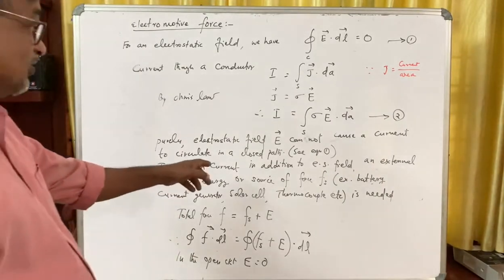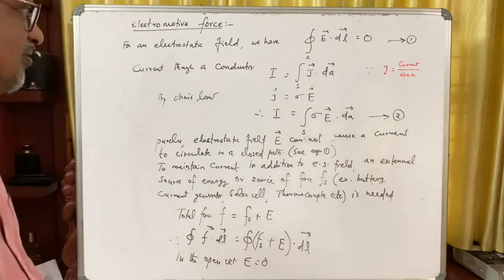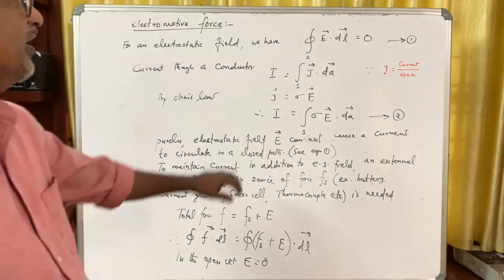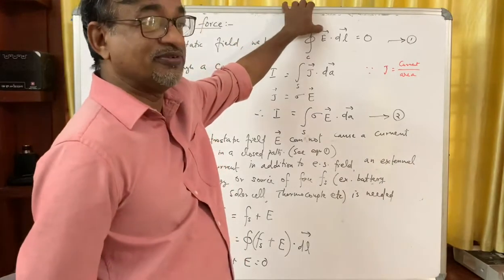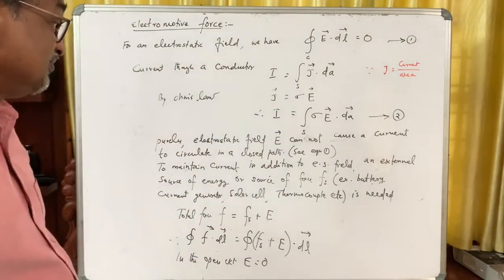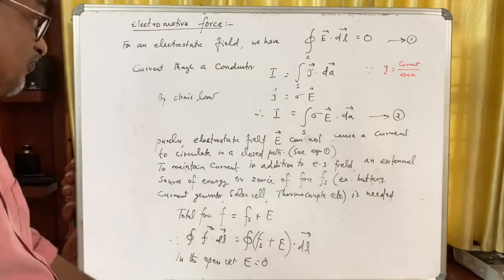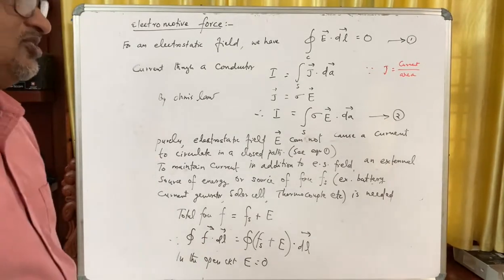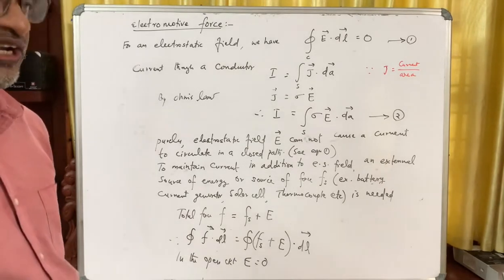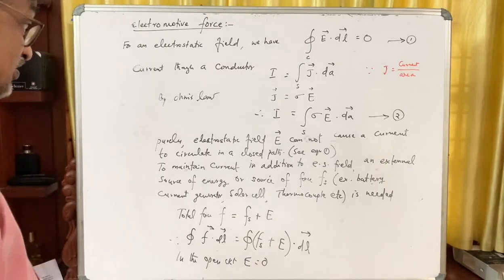Purely electrostatic field E cannot cause a current to circulate in a closed path. Why? This equation is the answer for that. To maintain current, in addition to the electrostatic field, an external source of energy or source of force Fs is needed. What are the external sources of energy?